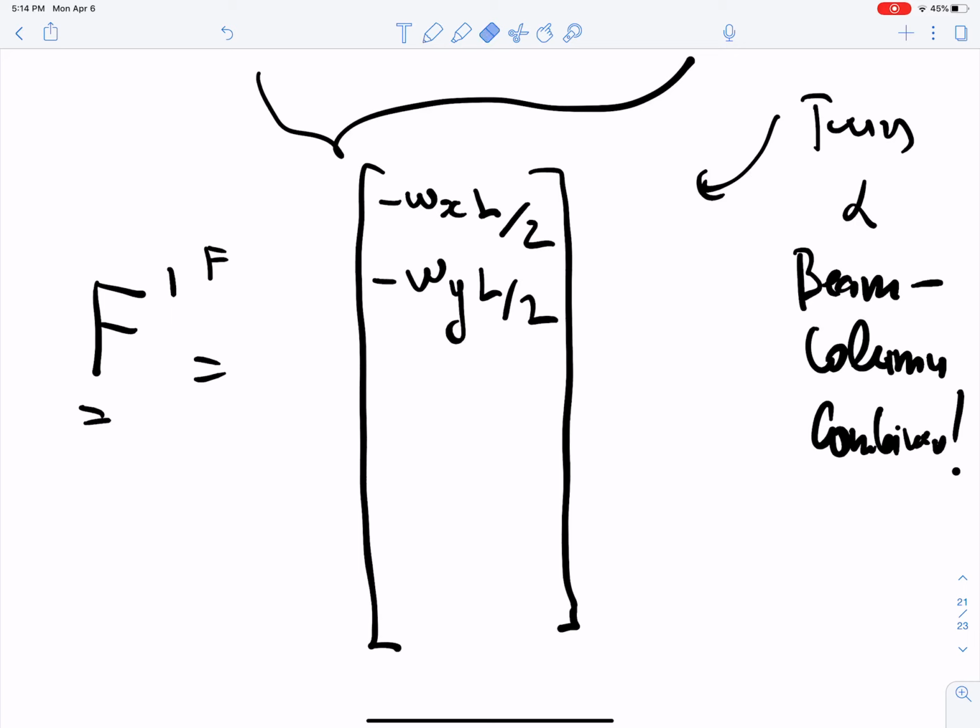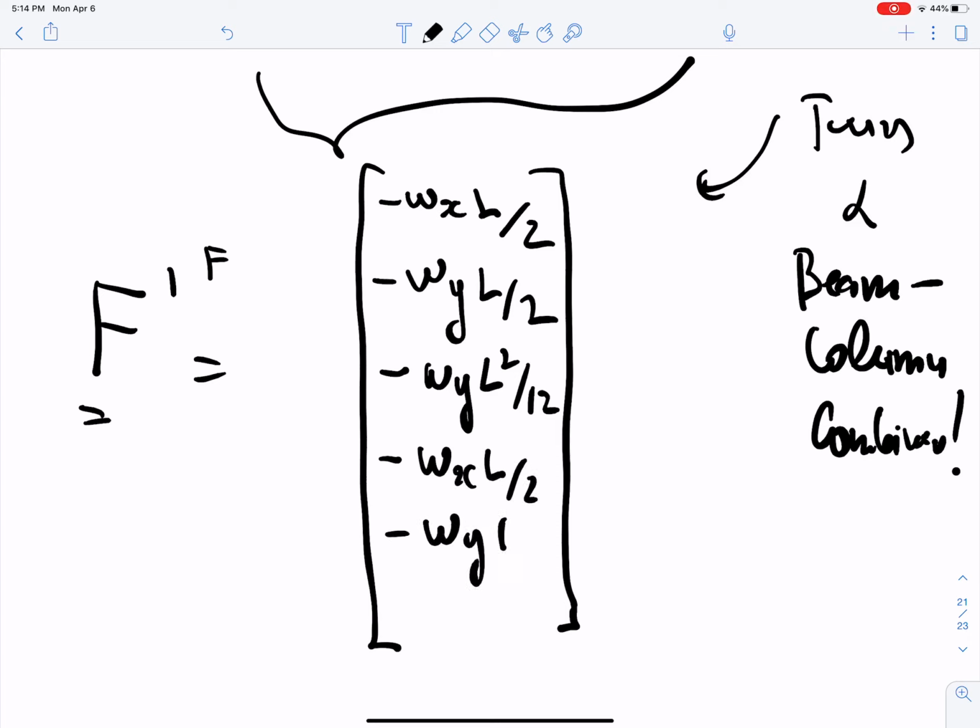It's only the Wy part that contributes to the moment, so we write it like this, Wy L squared over 12. Then we write minus Wx L over 2, minus Wy L over 2, and then Wy L squared over 12. And so this is how you handle an oblique load. Good.